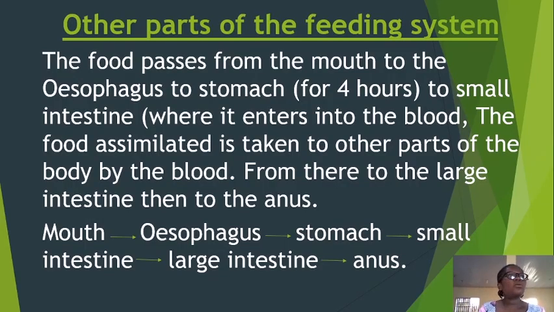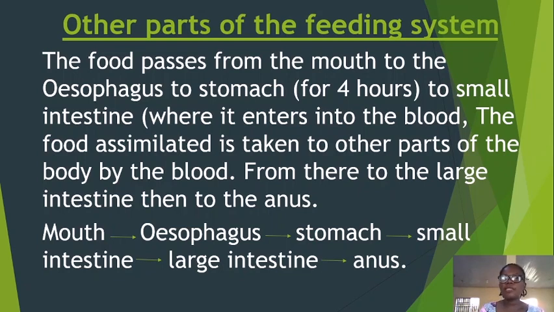Now let's also consider other parts of the feeding system. The food passes from the mouth after you have churned the food with your teeth. After you have done that, you swallow it. When you swallow it, it passes through the esophagus, or you can call it the gullet.